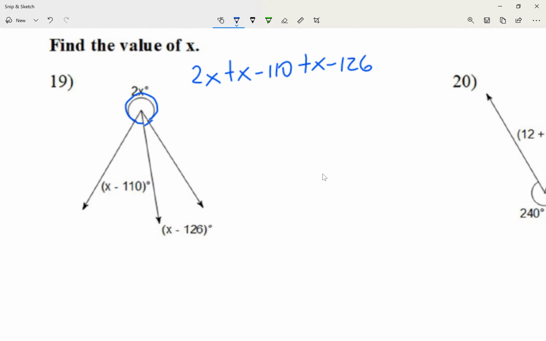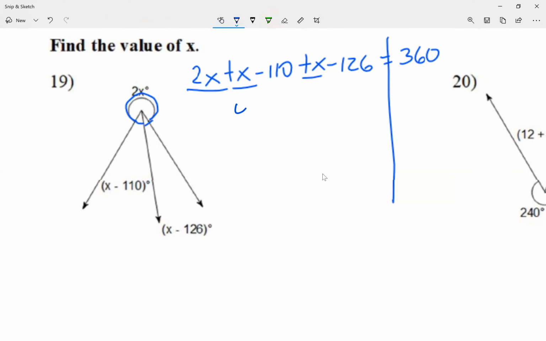Now, when it comes to circles, the degree of an entire circle is 360. So in this case, I'm going to add all of this to 360. Okay, so let me separate my sides to the equal side. The left side of my equal sign, there's a bunch of things. Let me combine my like terms. 2x plus 1x plus 1x.